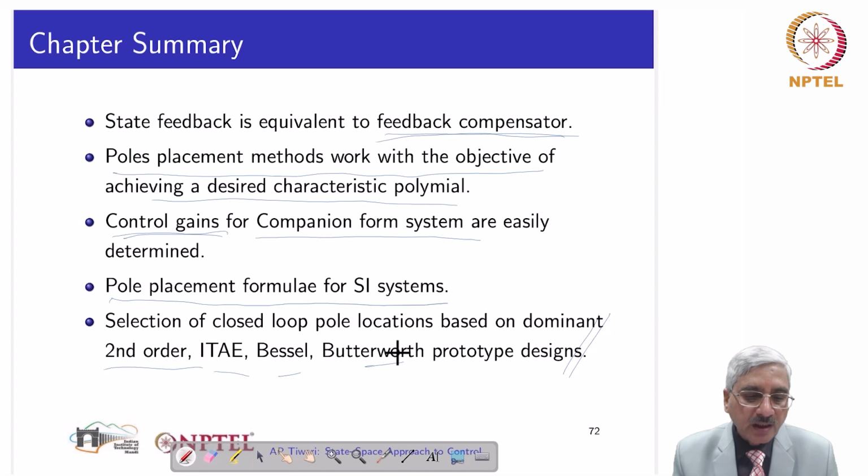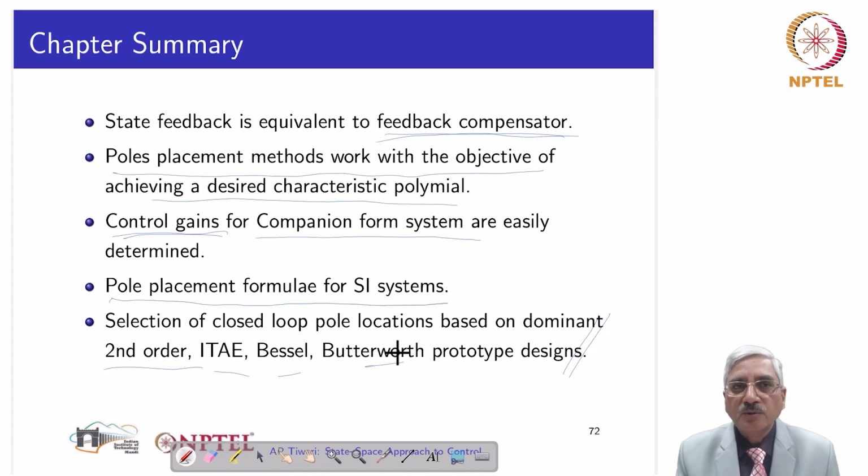Just another remark I want to make before we close this chapter is that controllability is a must, we have seen, in order to design the control gains based on state feedback. Controllability is necessary requirement. And for higher order systems, because ill conditioning may happen, the Ackermann's formula may not give good results.